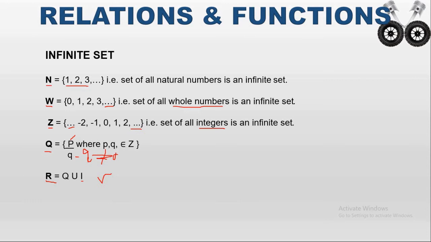If you find the value of such a square root, we get a decimal number that is non-stop, non-terminating. The numbers which do not end are called irrational numbers. So R should contain both rational numbers as well as irrational numbers. These are all examples of infinite sets.